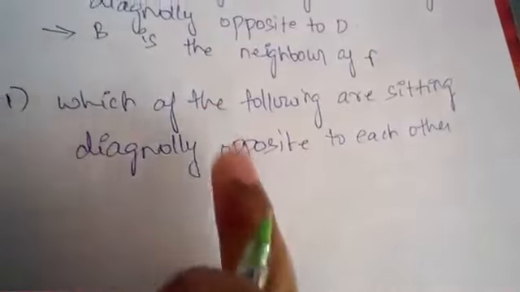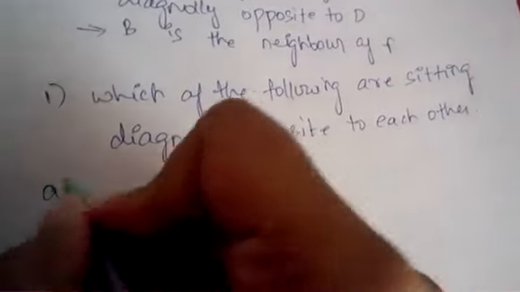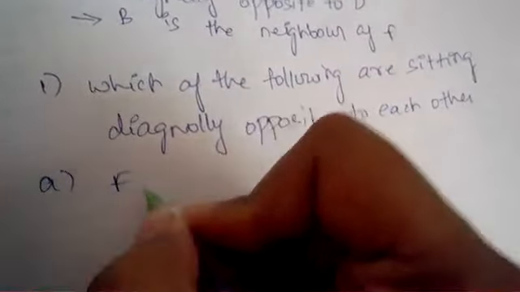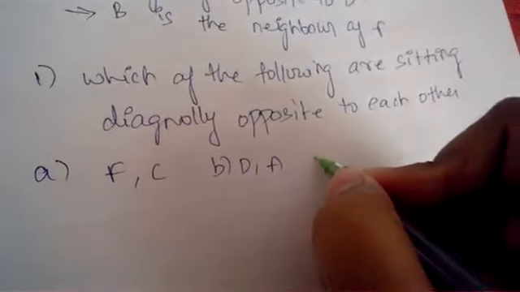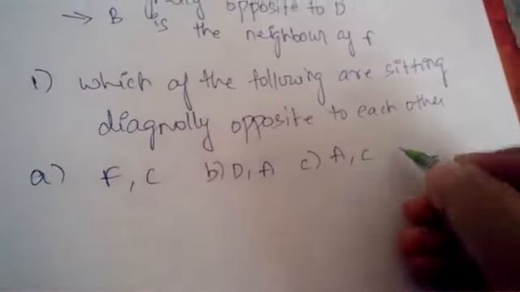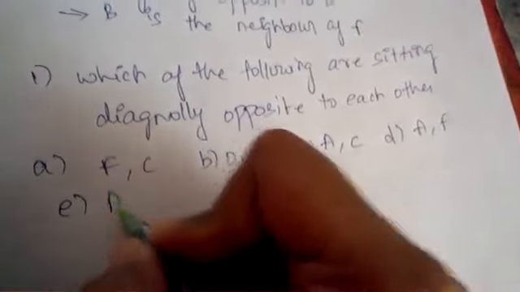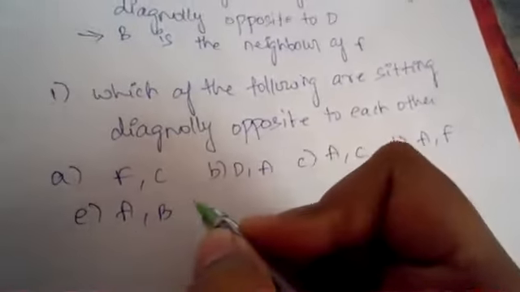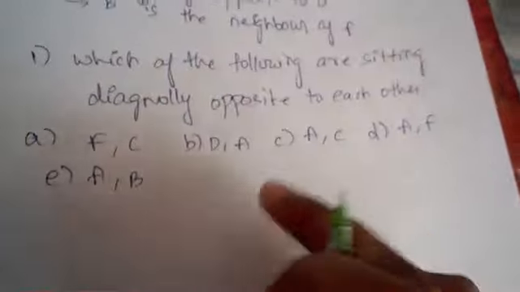First option is FC, second option is DA, third option is A and C, fourth option is A and F, and the fifth option is A and D. These are the options given. Now let's analyze the answer.